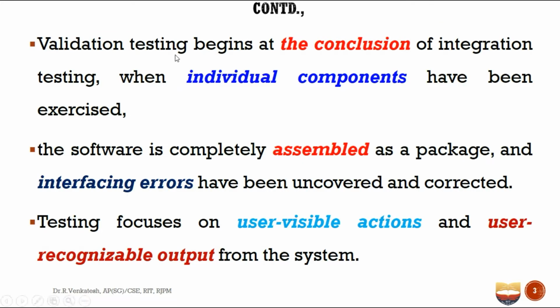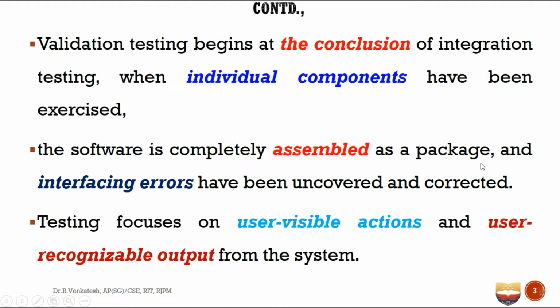Validation testing begins at the end of the integration testing and unit testing, when the individual components have been exercised. This means whenever the product has been tested by unit testing, only after that does validation testing begin, and the software is completely assembled as a package.